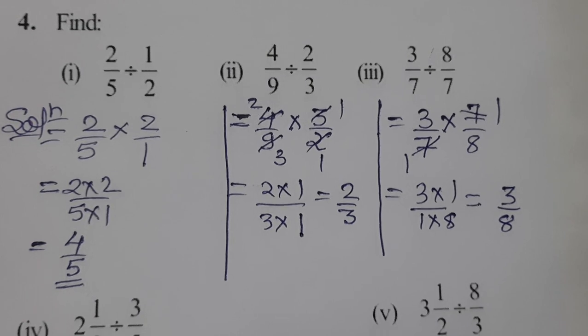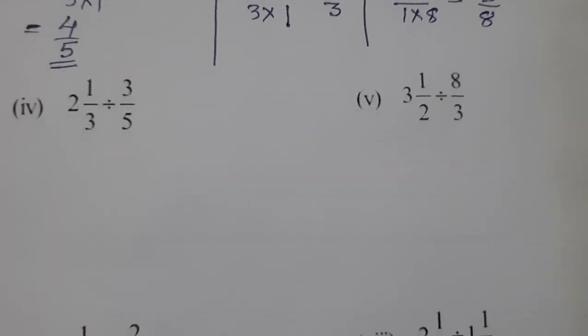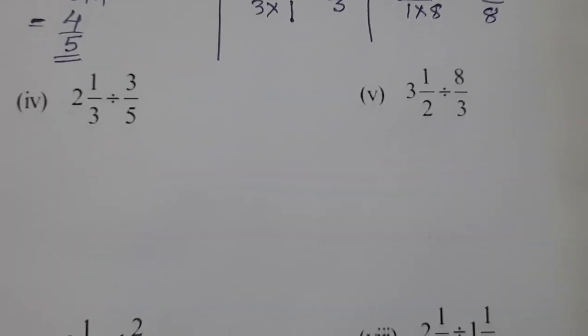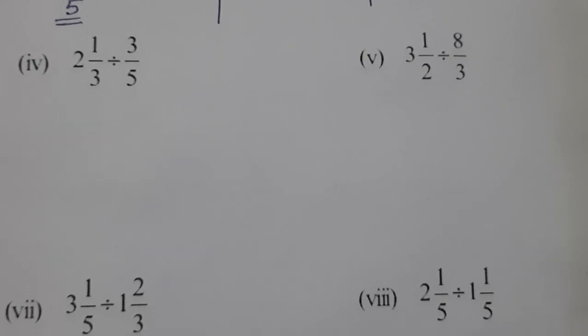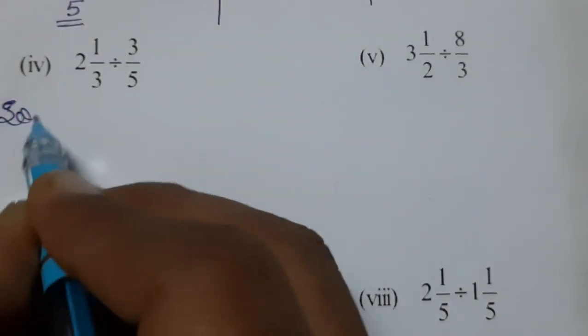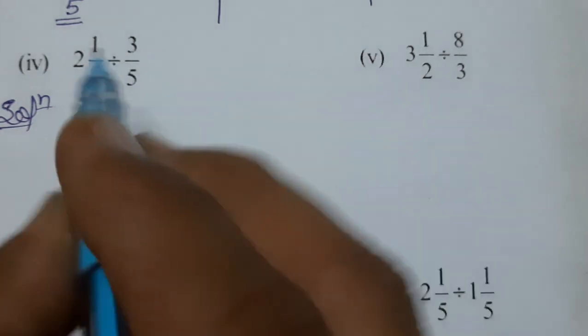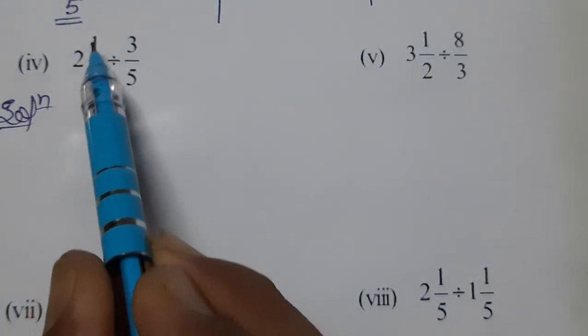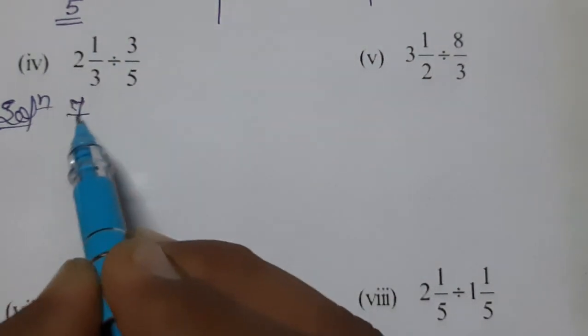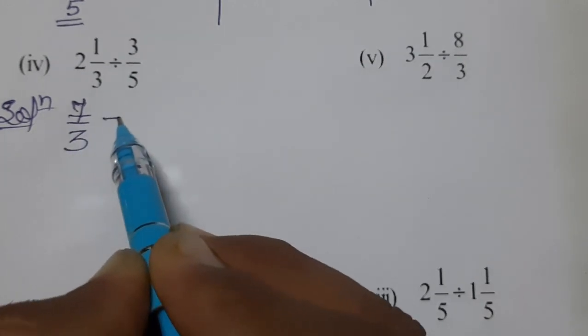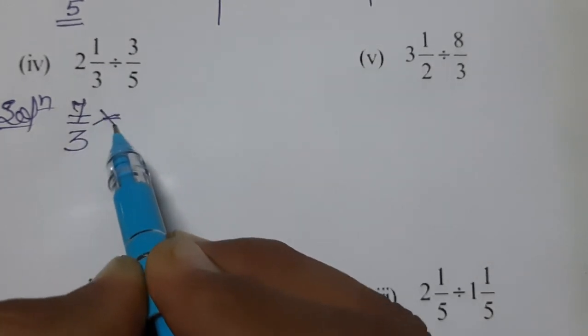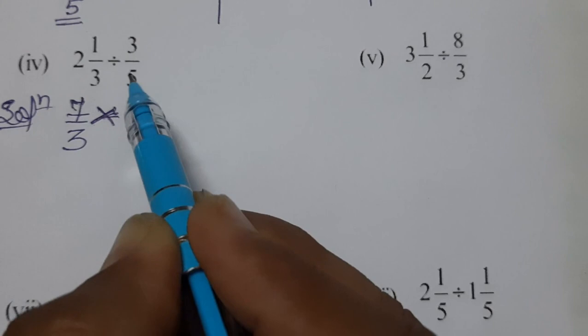Now let us proceed to question number 4th and 5th. Then 4th one now. So let's first convert mixed fraction to improper. 3 2s are 6, 6 plus 1, 7. 7 by 3. Divide, change to multiplication. And take reciprocal.